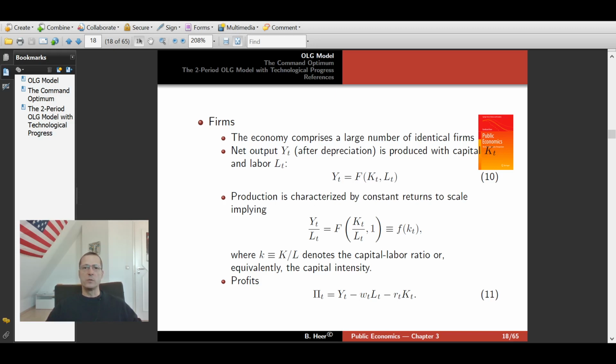So we can use the construct of the aggregate production function Y. Aggregate production is produced with aggregate capital and labor, K and L. And we assume constant returns to scale so that production per effective labor, Y over L, can be expressed as a function of the capital intensity, K over L, so lowercase k.